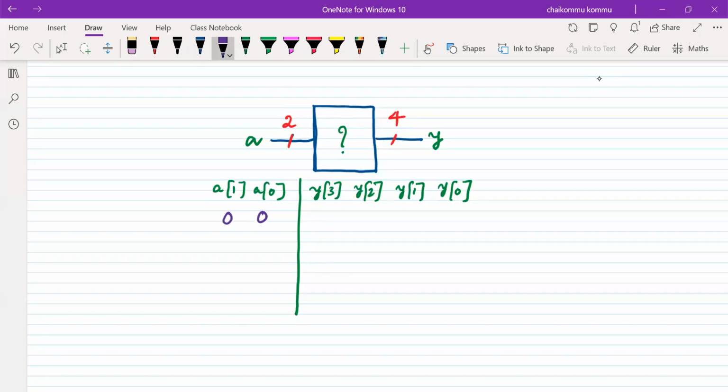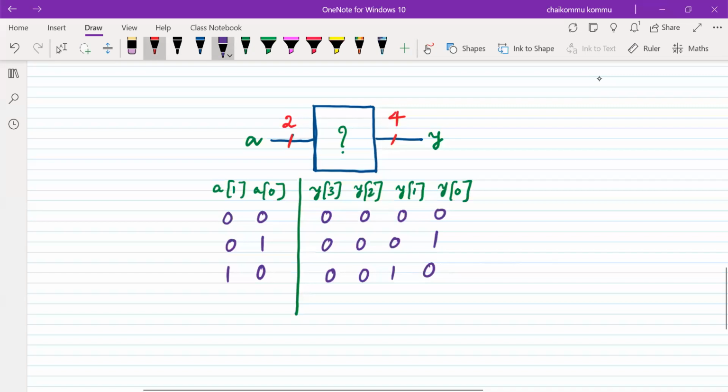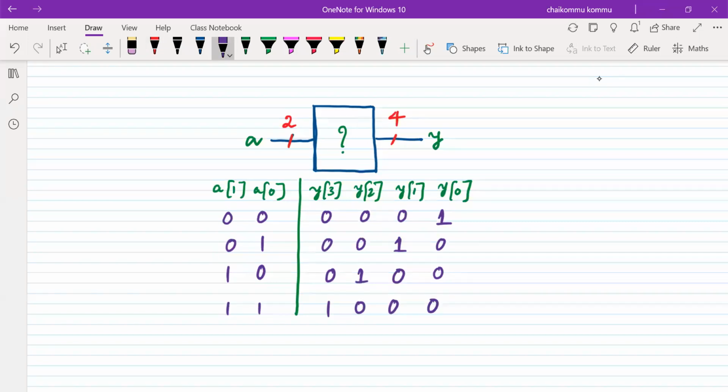If the input is 0, 0, the output is 0, 0, 0, 1. If 0, 1, the output is 0, 0, 1, 0. If 1, 0, the output is 0, 1, 0, 0. What about the last one, 1, 1? The output is 1, 0, 0, 0.